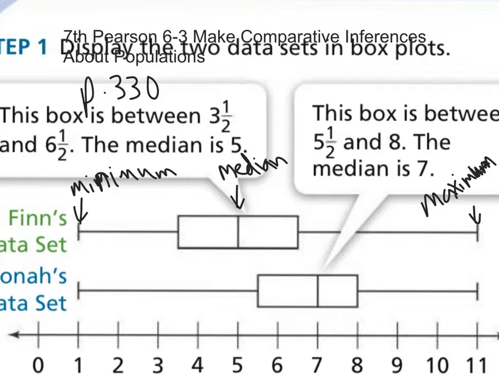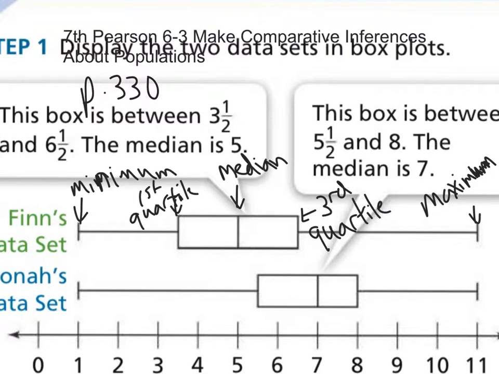If we find the median of the stuff below the median, that'll split our 50% in half, which will give us 25% in each group. So that's where they get this number. That's called the first quartile or lower quartile. And this other part of the box is called the third quartile or upper quartile. So anyway, that's how they get those numbers.